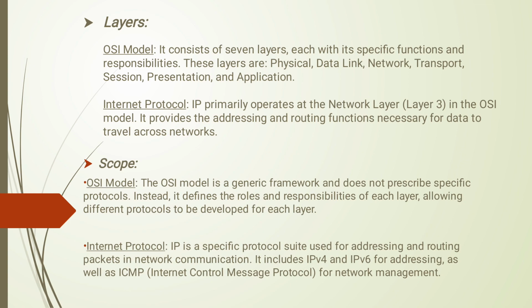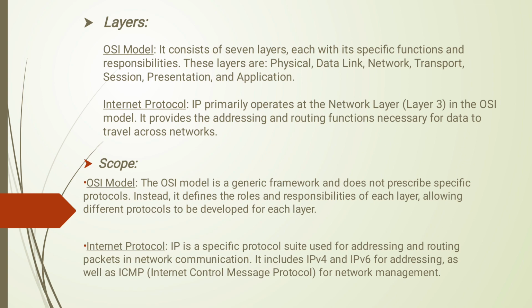The 7 layers are physical, data link, network, transport, session, presentation, and application. The Internet Protocol operates at the network layer, which is layer 3 in the OSI model, and it provides the addressing and routing functions necessary for data to travel across networks.